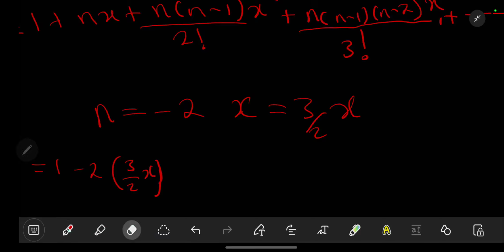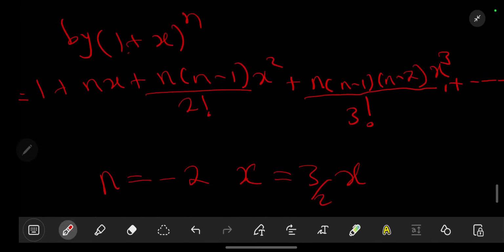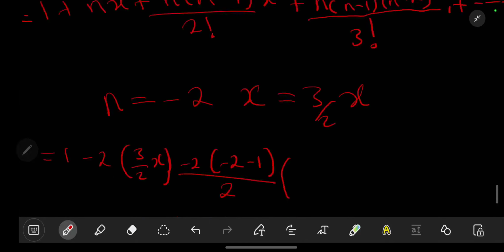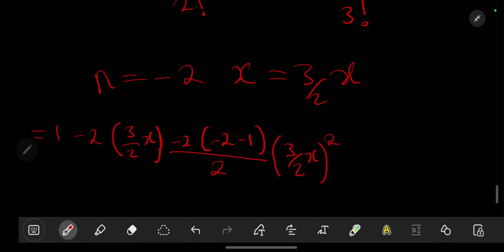So we say minus 2, minus 1, over the 2 factorial, which is just 2, like that. Then where there is x, we are going to have our value, which is 3 over 2x. Then we are going to have the power of 2, like that.